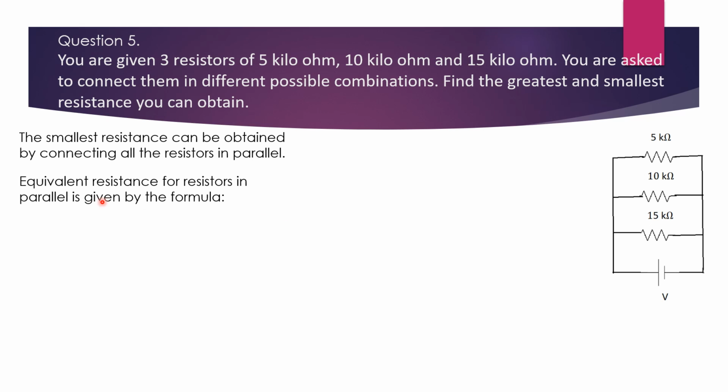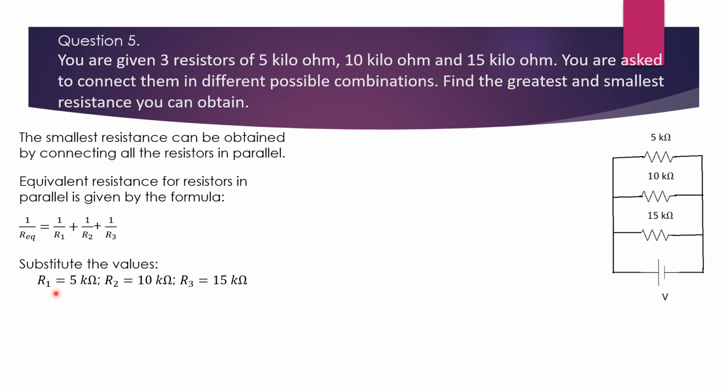Now, equivalent resistance for the resistors in parallel is given by the formula 1 over R equivalent is equal to 1 over R1 plus 1 over R2 plus 1 over R3. Now, substitute the values. R1 is equal to 5 kilo ohm, R2 is equal to 10 kilo ohm, and R3 is equal to 15 kilo ohm. That results in 1 over R equivalent is equal to 1 over 5 plus 1 over 10 plus 1 over 15.